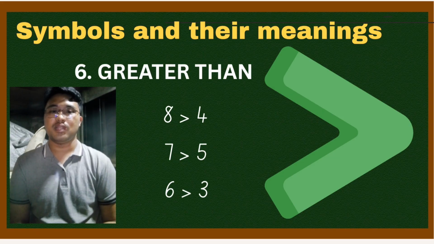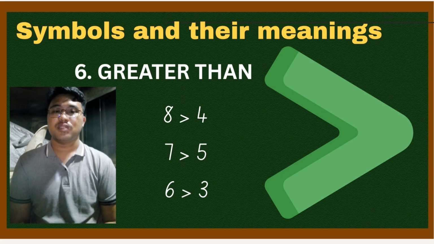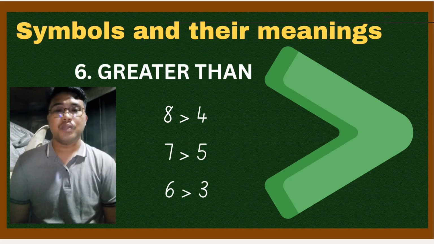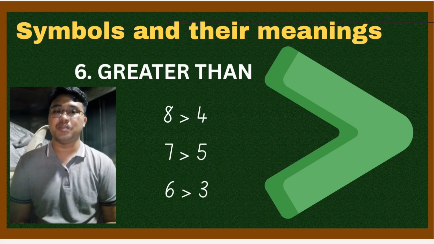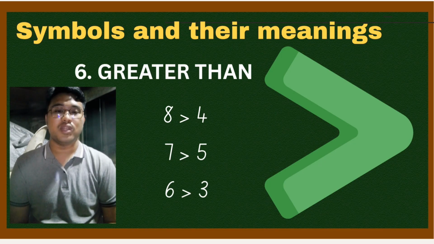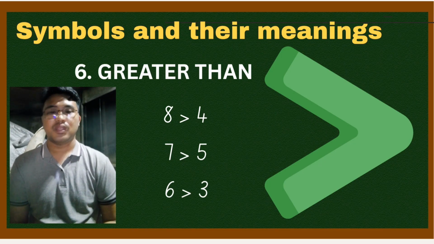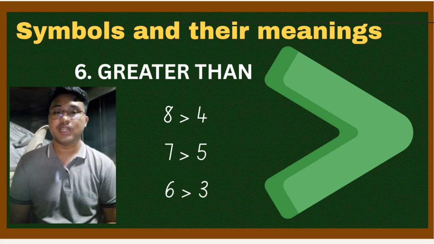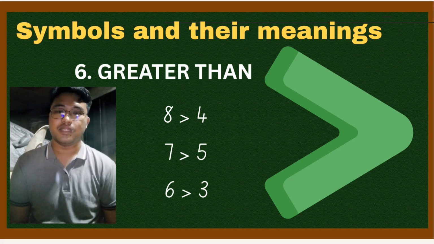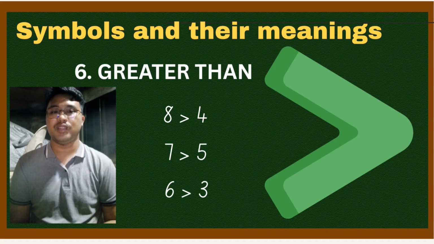And the next one is 7 and 5. This number 7 is greater than number 5. The open side of the symbol always faces the bigger number, and the pointed side faces the smaller number. So the greater than sign can also be called is more than, is bigger than, and is larger than.